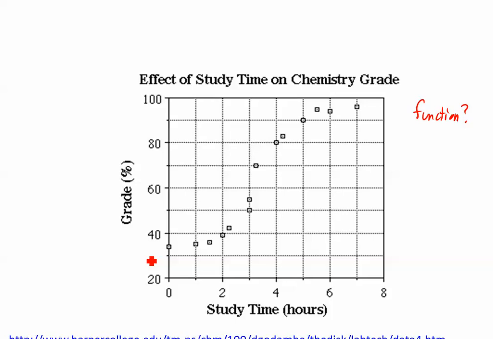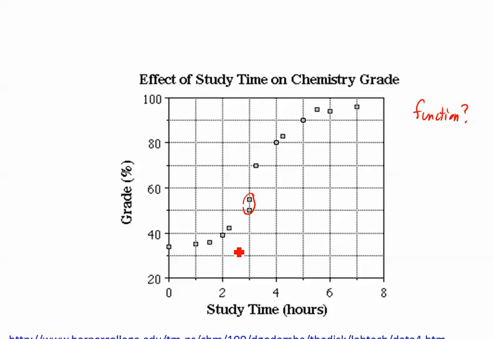Well, the definition of function is that for each input, for each x value, there's only one y value. You'll notice right here at 3 hours, there are 2 points. That means that for an input of 3 hours, I have 2 possible scores, which means that no, it's not a function. Okay, can we still get information from this relation? Yes, we definitely can, but it's no longer a function.